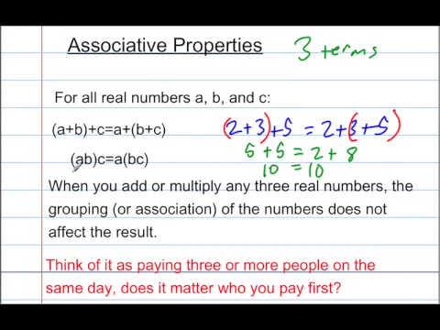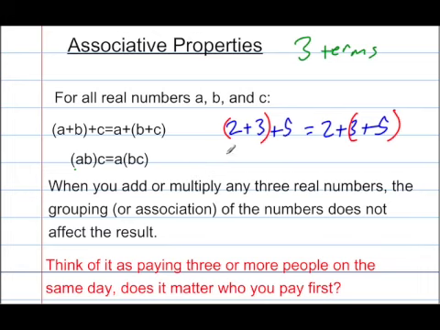So if I add this one first or that one first, doesn't matter. Or if I multiply this one first or multiply the other one first, I'll get the same answer. So let me erase this part right here and then show you what it would look like for your associative property of multiplication.